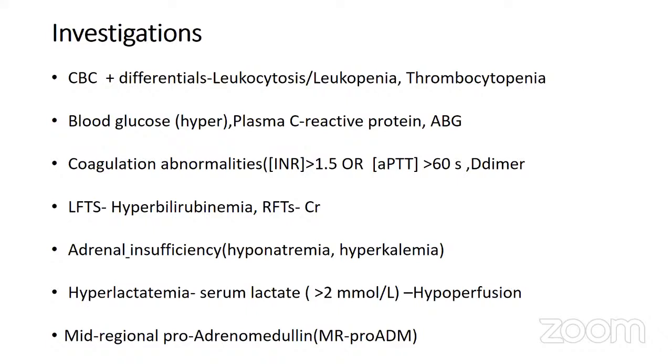So this is one of the newer biomarkers that have been used in sepsis, and it helps to predict occurrence and worsening of organ failure in critically ill patients. Next slide.